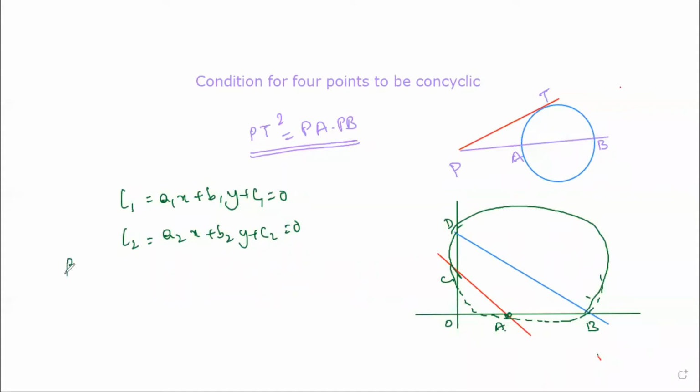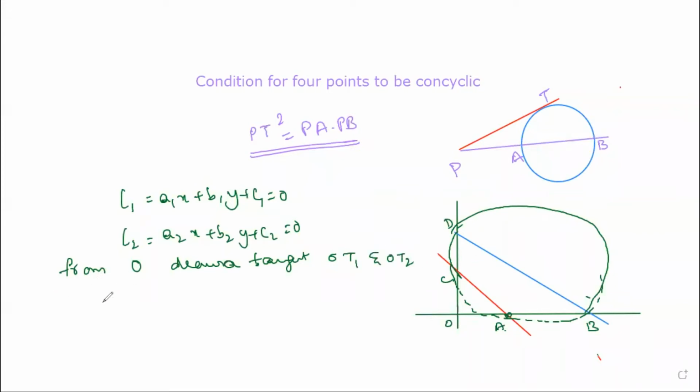From O we can draw tangents OT1 and OT2 to the circle, because there will be two tangents. Suppose the tangent OT1 meets the circle at T1, and OT2 meets at T2.